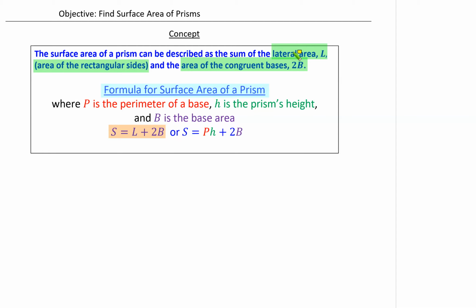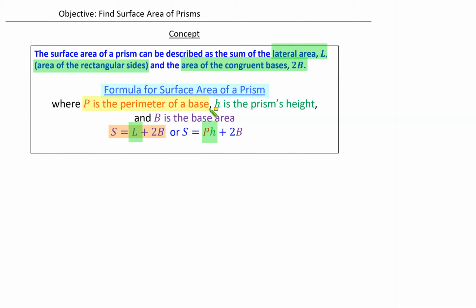So in the formula, we have multiple rectangular sides, but they may not all be the same size rectangle. So one way that we can calculate all of the rectangle areas at once is to find the perimeter of the base. That's this P. So the L part here is PH in this form, and the P is the perimeter of the base, whatever shape the base is.